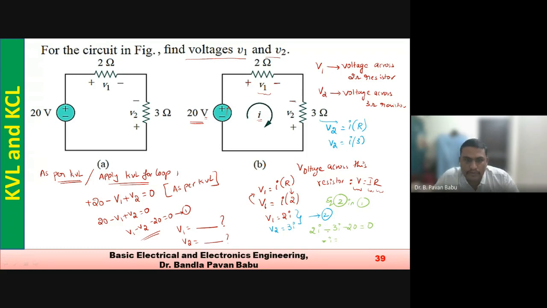so I think somewhere we have made a mistake. Let me check. So V1 minus V2 minus 20 is equal to 0. Done.